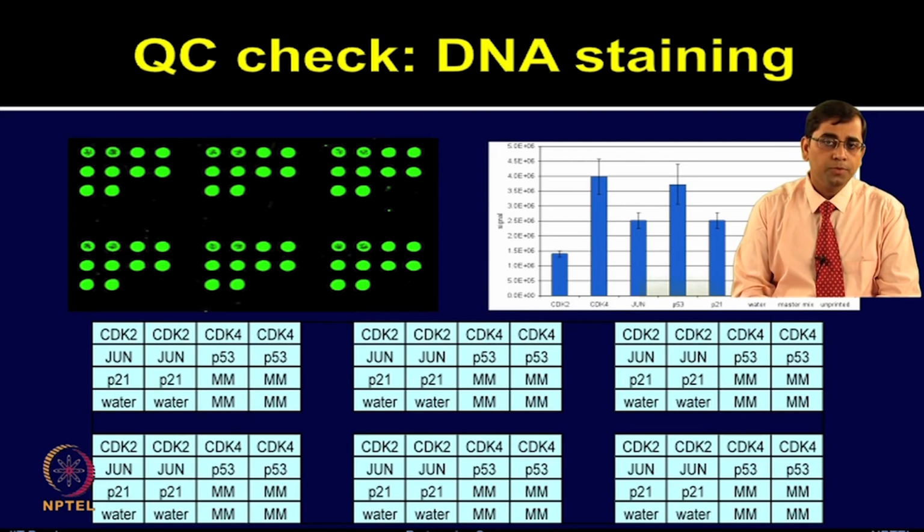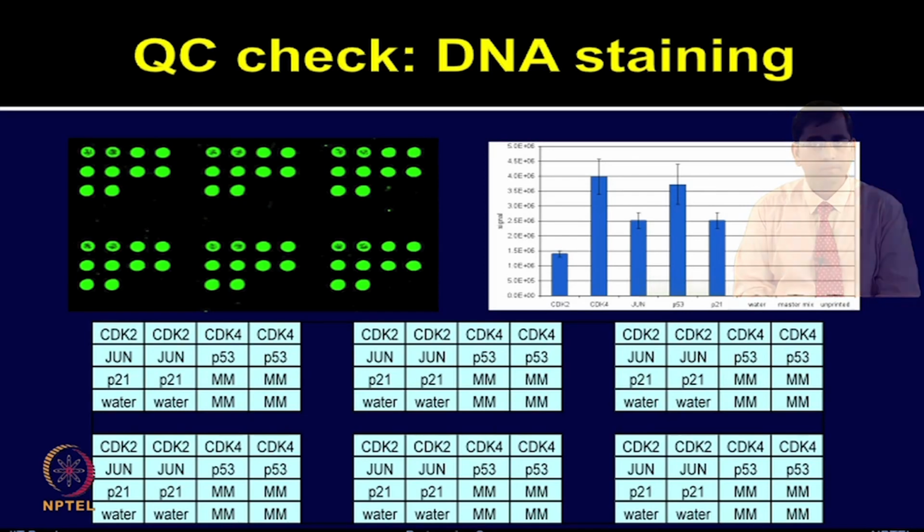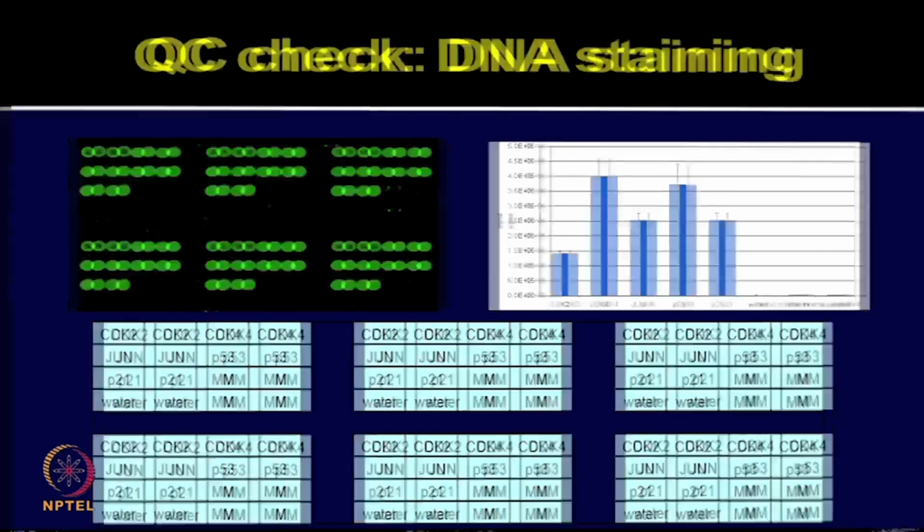So, ideally you must observe the pico-green staining to check the DNA printing quality. You can see on the upper panel those green spots lighting up indicate that the DNA has been printed properly. One can use statistical tools for analyzing how good the DNA is printed on the chip surface.